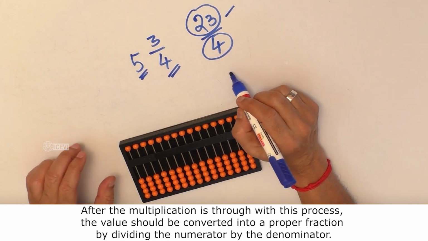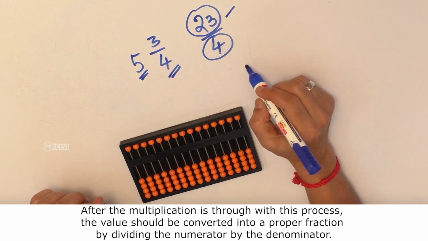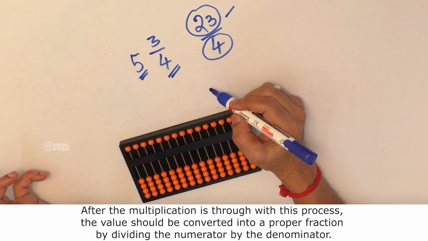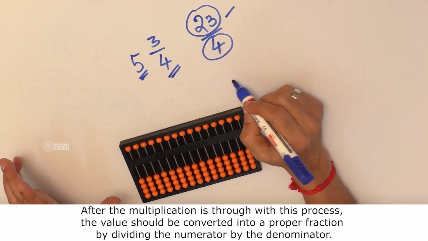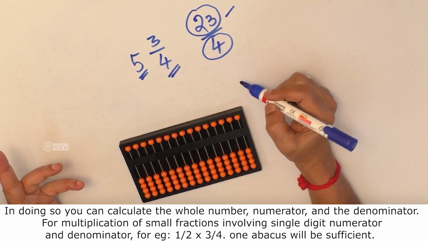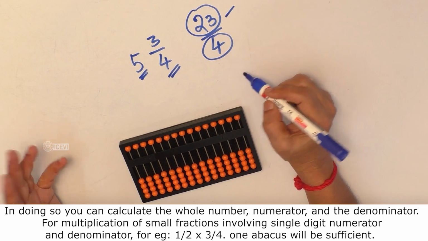After multiplication is through with this process, the value should be converted into a proper fraction by dividing the numerator by the denominator. In doing so, you can calculate the whole number, numerator and the denominator.